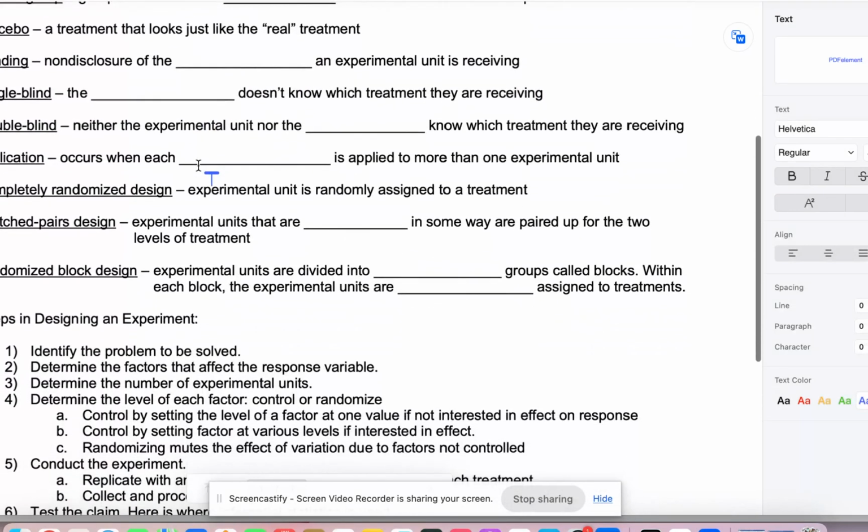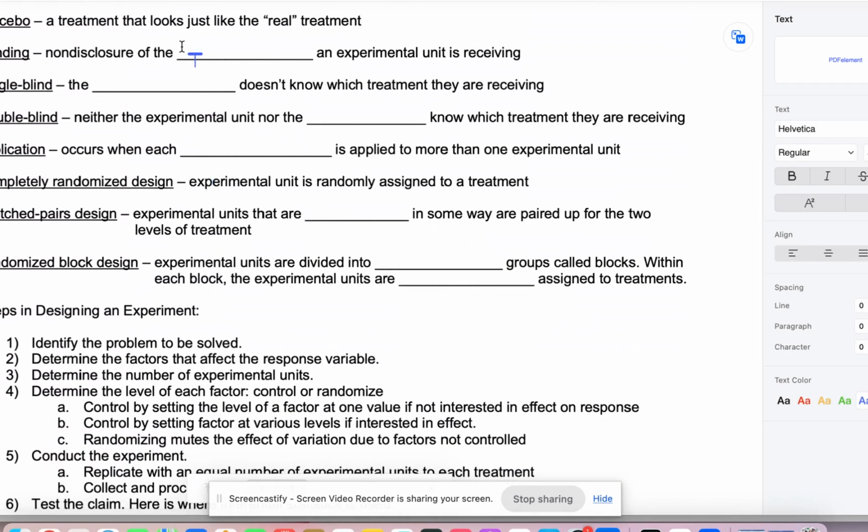Then within an experiment, most good experiments have what we call blinding, which is non-disclosure of the treatment that an experimental unit is receiving. So meaning that we don't tell them what group they're in. So that blinding can be single blind, which just means that the subject doesn't know which treatment they're receiving. Or it can be double blind, when neither the experimental unit nor the researcher knows which treatment they're receiving.